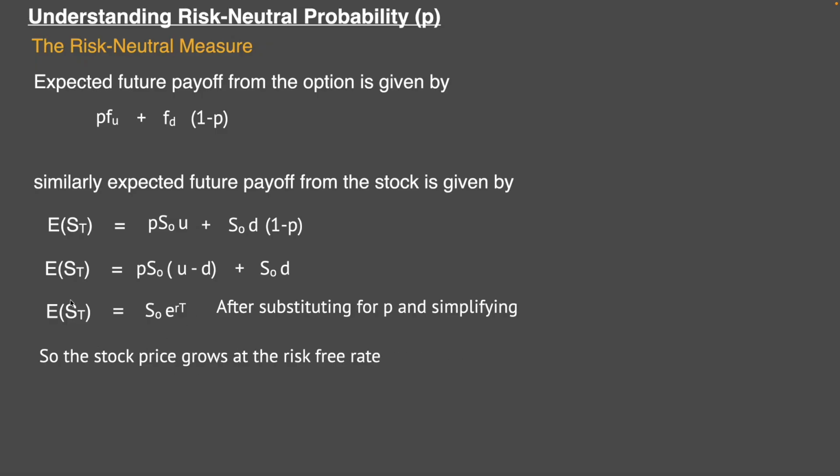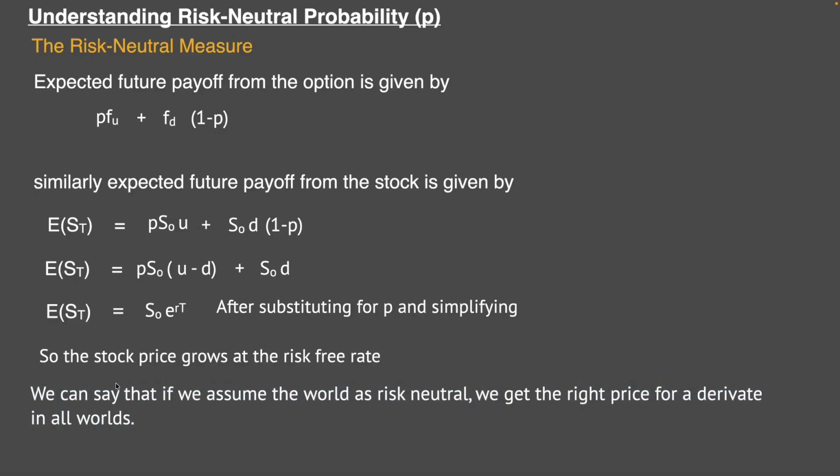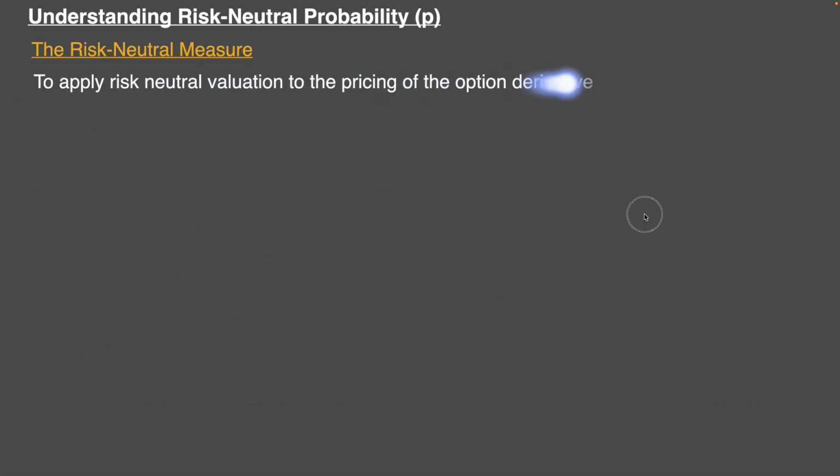So we conclude here that the expected payoff from the stock price is that the initial stock price S0 will grow continuously at the risk-free rate, which is equivalent to small r. So here we can conclude that in a risk-neutral world, we get the right price for a derivative in all worlds also.